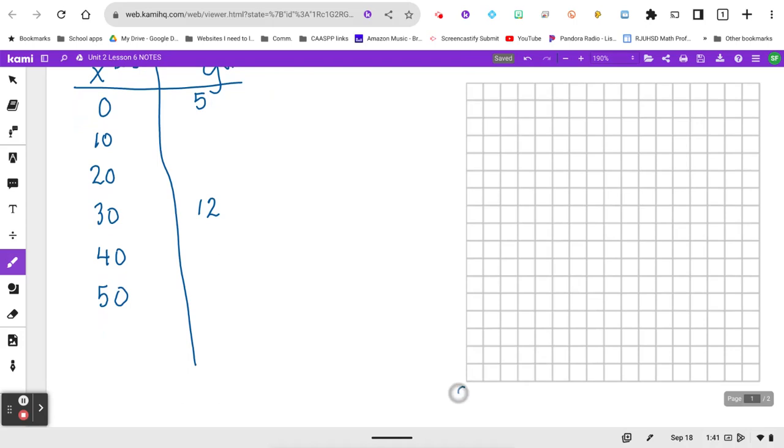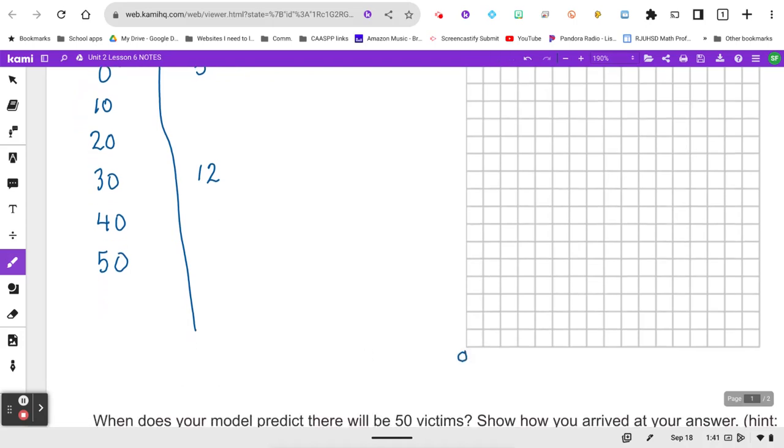And we're going to start labeling our table. So these are going to be days, and I'm just going to count by 10.